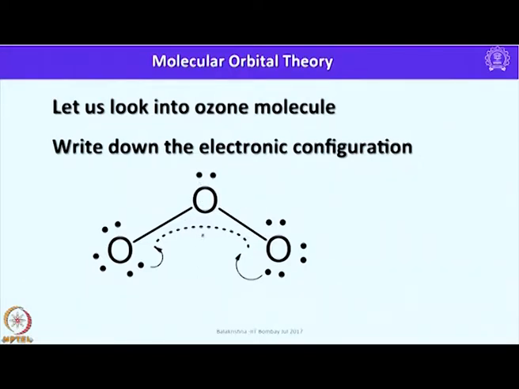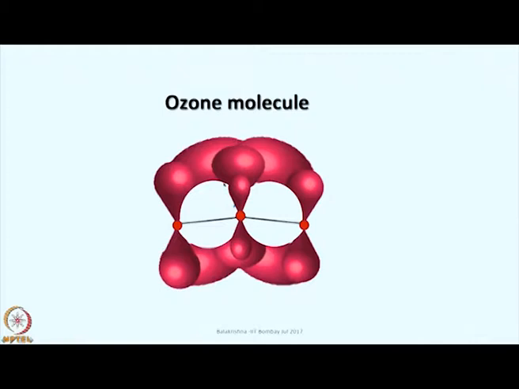So, what happens is one electron from this oxygen and another electron from this one get delocalized over the O bond, and hence it stabilizes. Once you put these 2 electrons here, you can see all 3 oxygen atoms will have an octet. So, this is how you can write the MO diagram. You can show the interaction of orbitals to form this kind of 3 center 2 electron bond to satisfy its octet.